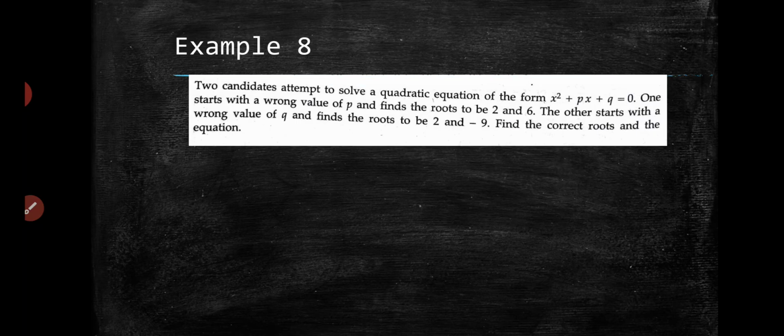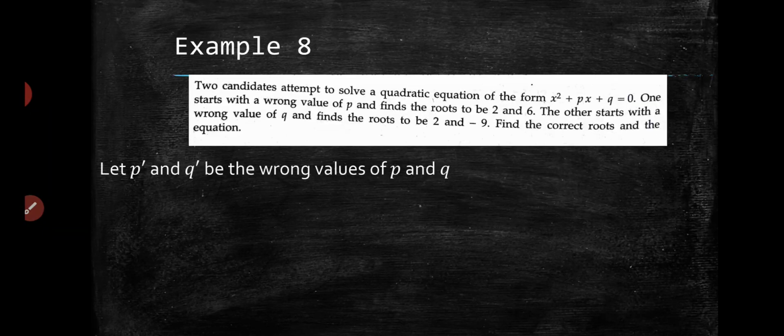Now, it is told that in the first case, he starts with the wrong value of p, but nothing is mentioned about q, so the value of q is intact, it is right. And also in the second case, the other one starts with the wrong value of q, so the value of p is intact. So let me consider p dash and q dash to be the wrong values of p and q.